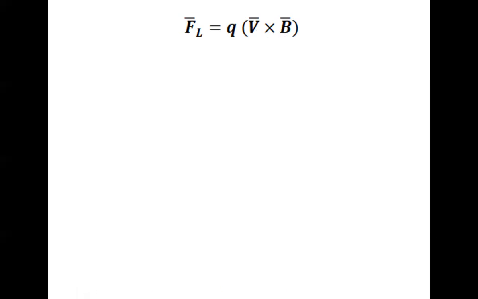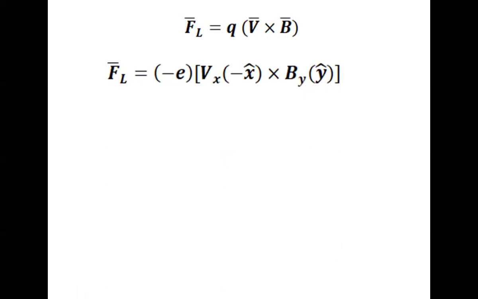Now, if you write this in unit vectors, we can write the same expression as follows. F_L bar is equal to minus e, the charge of the electron, q is equal to minus e, and v bar is the velocity of the electron which is moving along the negative x-axis. That means V_x represents the magnitude of the velocity and x cap represents the unit vector, and the minus sign represents that the electron is moving towards the negative axis.